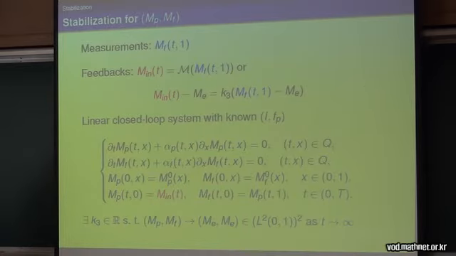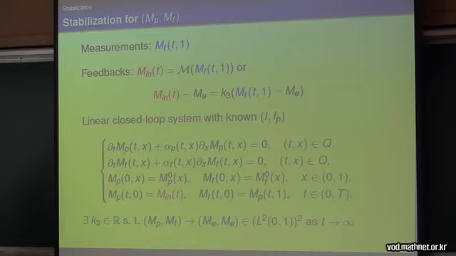Okay. And the stabilization of moisture and temperature is relatively easy because they are linear transport equations. So you can choose again the feedback law as a linear proportional one here.